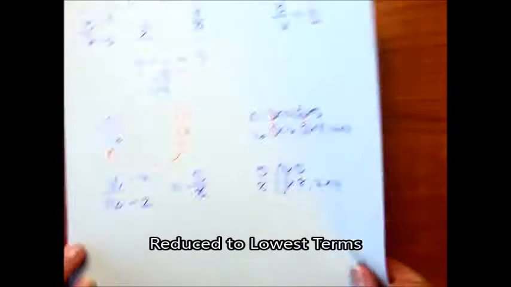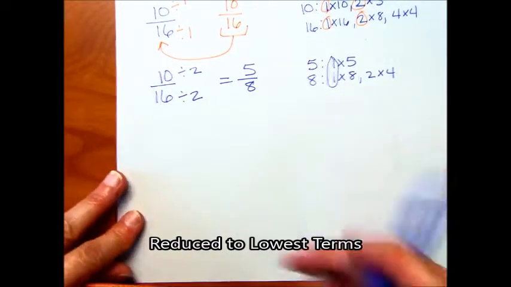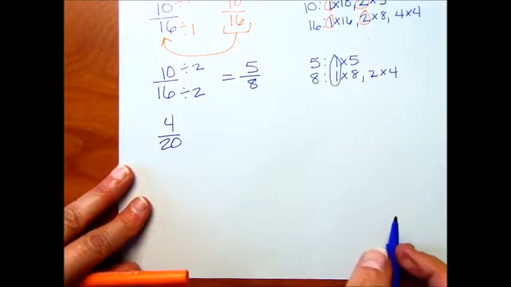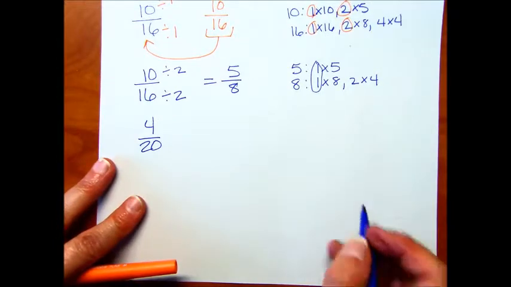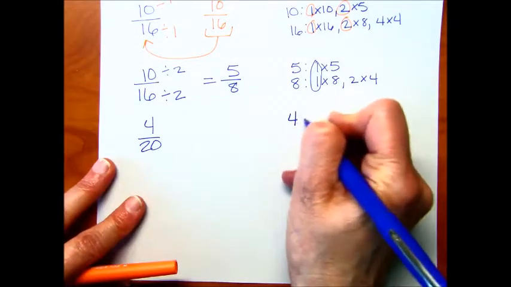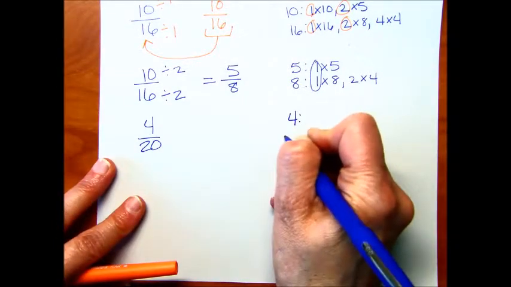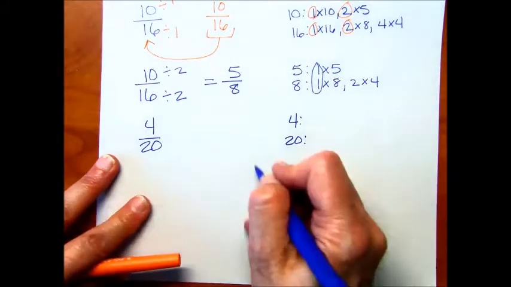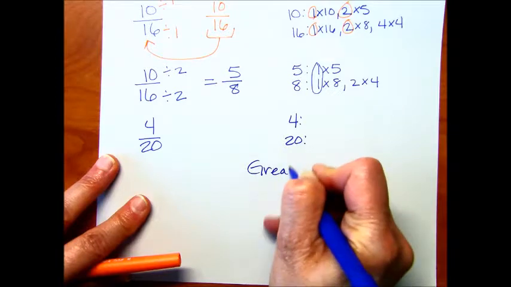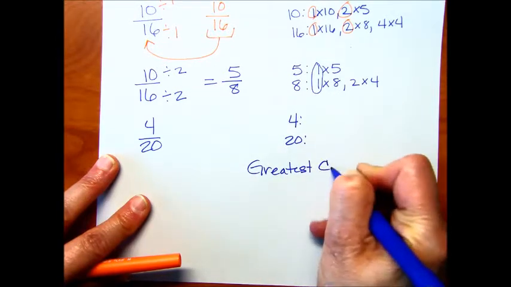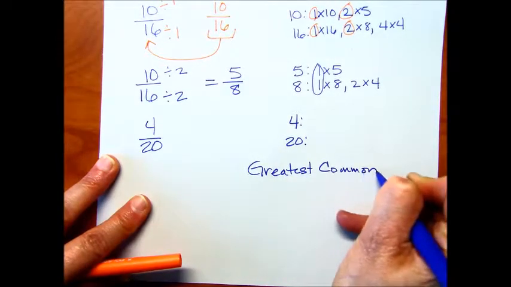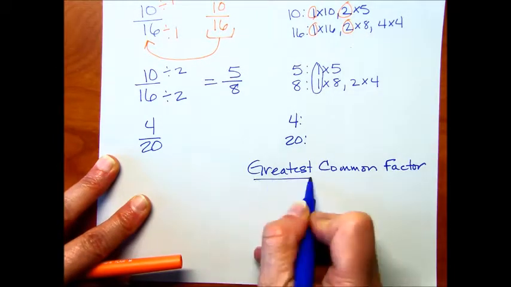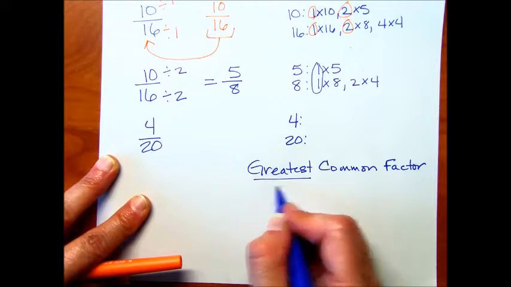Let's do a couple more. Let's say we have 4/20. Again, I'm going to write down my factors, and I'm looking for the greatest common factor. Greatest means the largest number.